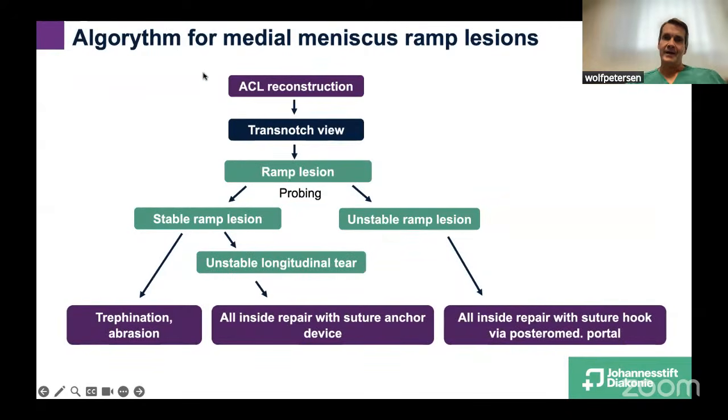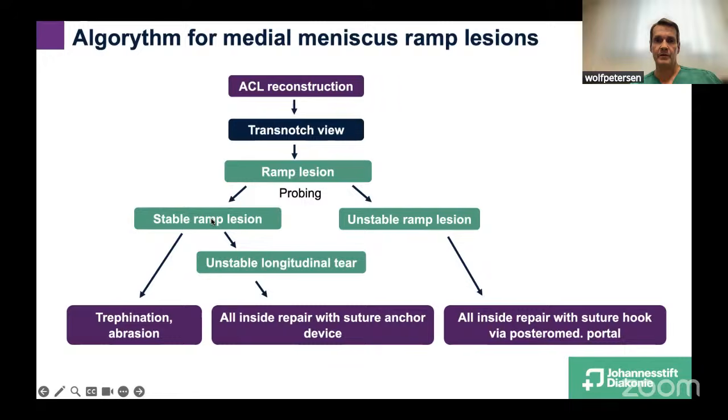That's why I use this algorithm for the repair of medial meniscus ramp lesions when I perform an ACL reconstruction. I do this trans-notch view in all of my patients. And when I find a ramp lesion, I test if it's a stable or an unstable ramp lesion.